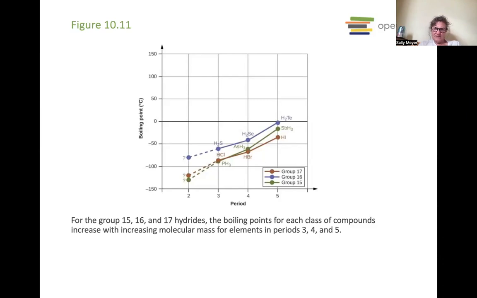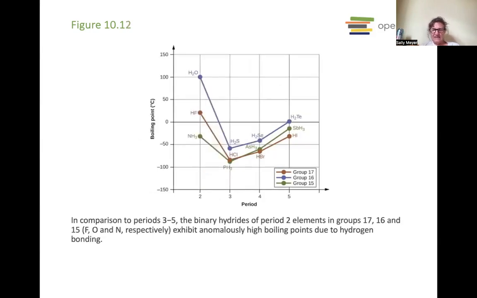So we'd expect where these question marks are, that water would be the top one. And then the green one would be ammonia. And what would this one be? HF. And so that's where you would predict them based on how the others change. But when we look at it, each of those can form hydrogen bonds. So water, HF, and ammonia, they can all hydrogen bond.